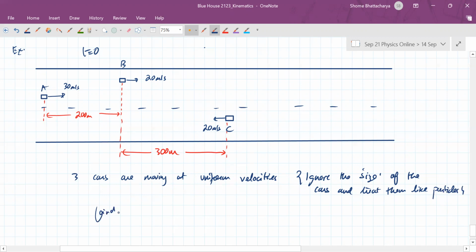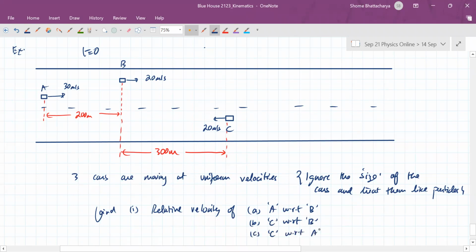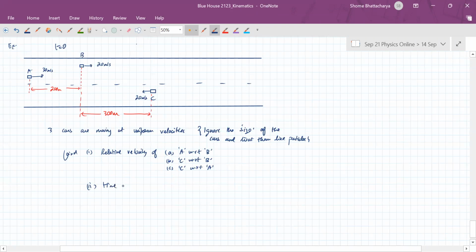So find the relative velocity of A with respect to B, and C with respect to B, and C with respect to A. And then find the time at which A overtakes B and A crosses C. He's going in the opposite direction on the opposite lane.